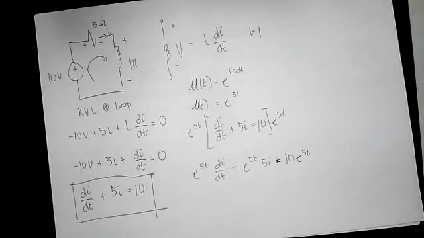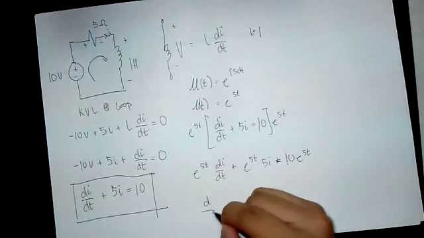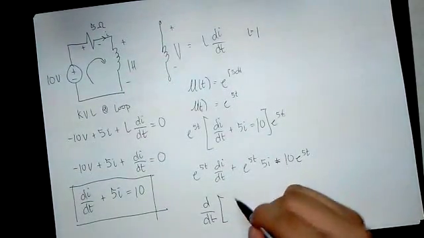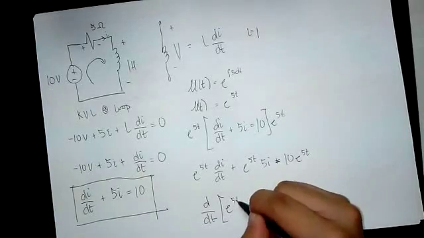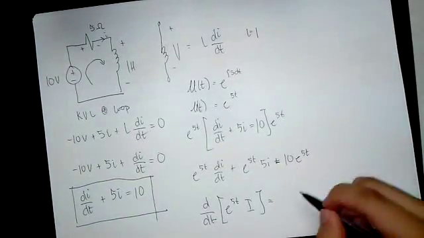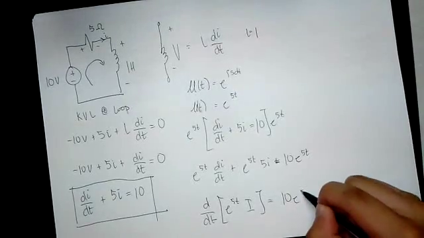Now we know that the linear ODE can be transformed into d over dt of its integrating factor e to the 5t times I, which is equal to 10 e to the 5t.